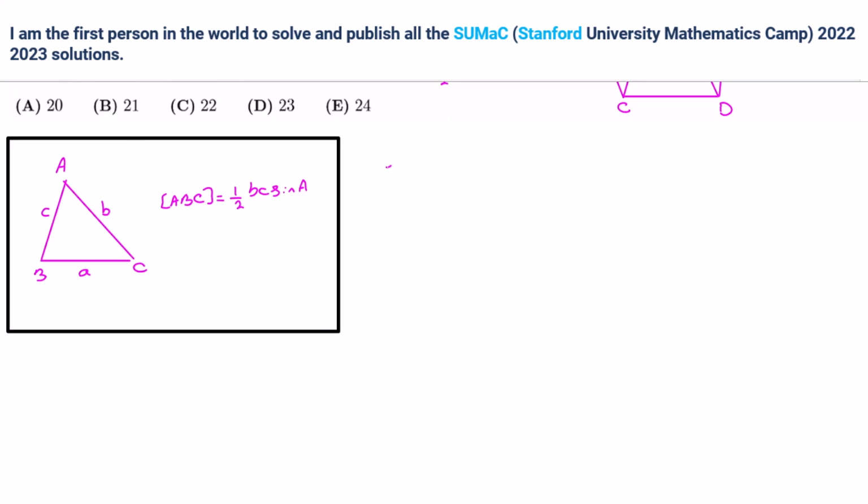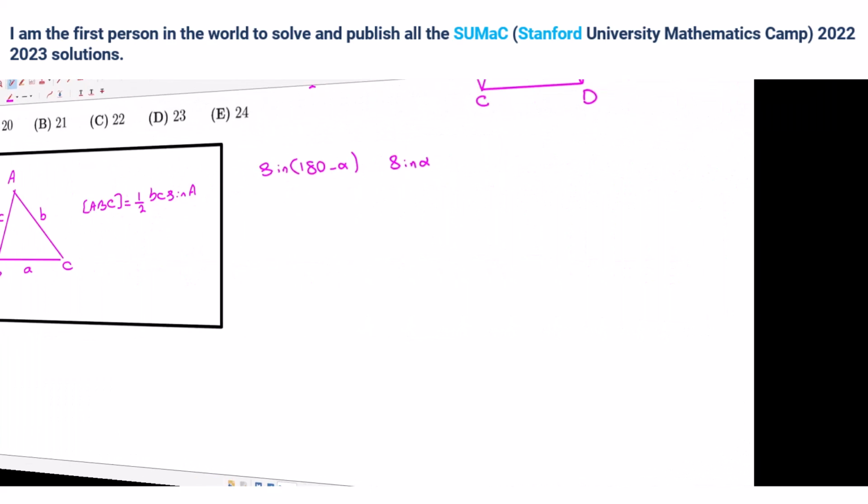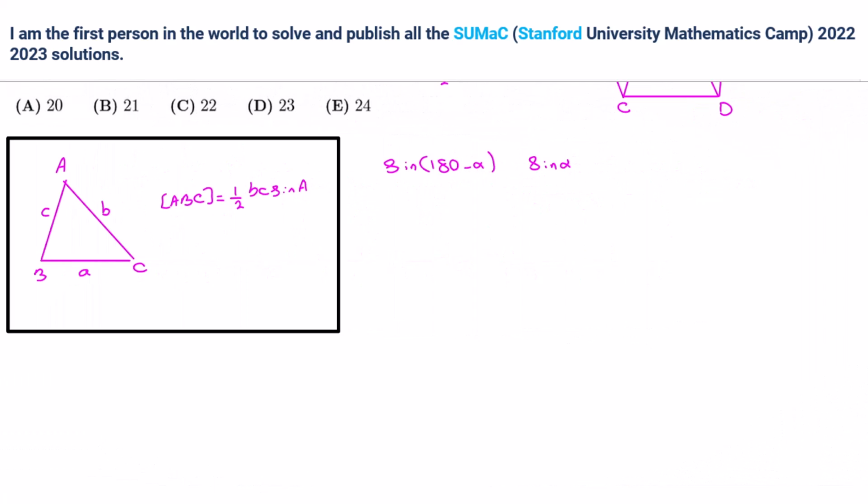No. And what's the relationship between sine of 180 minus alpha and sine of alpha? They are equal, because when this is alpha, the other is 180 minus alpha, and sine is the y coordinate, and their y coordinates are equal. So sine 120 equals sine what?